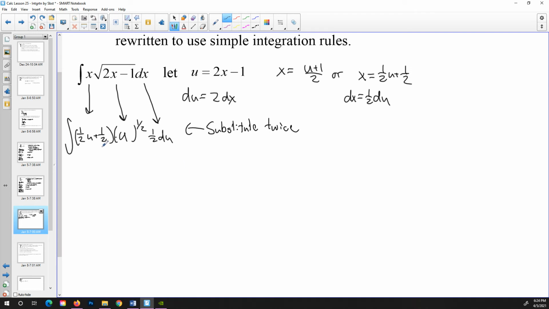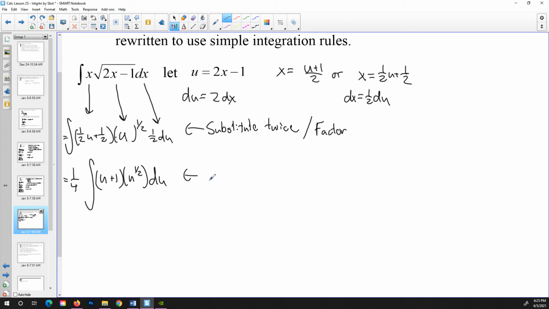Now what I can do is factor out a half here. I'm going to factor out this half. So a half times a half gives me a quarter. And then I'll have the integral of u plus 1 times u to the 1/2 du.